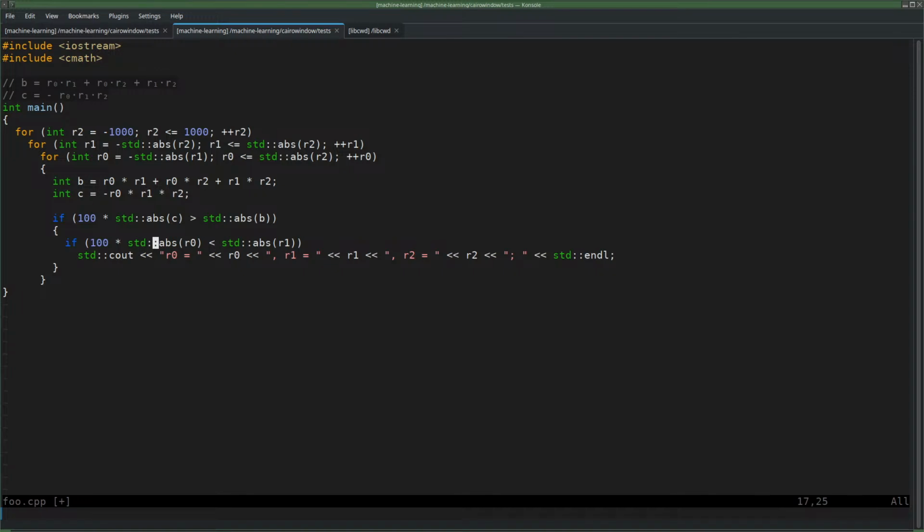So we have to print C, B and C. No, let's just print the absolute value.